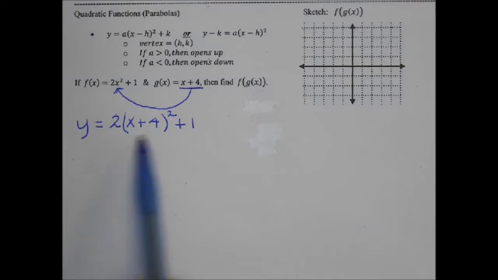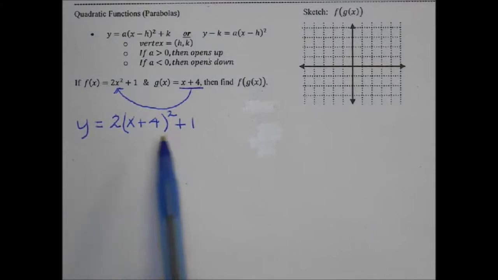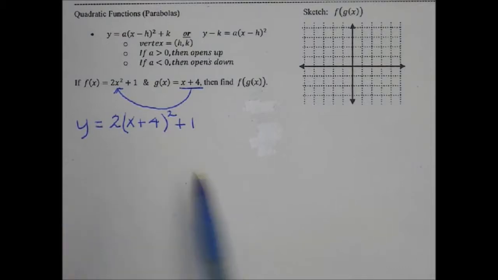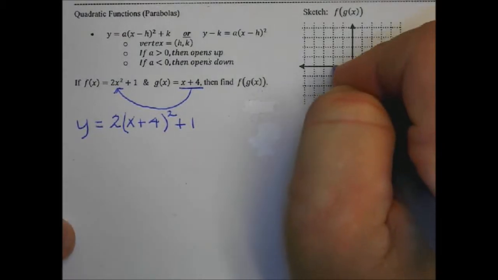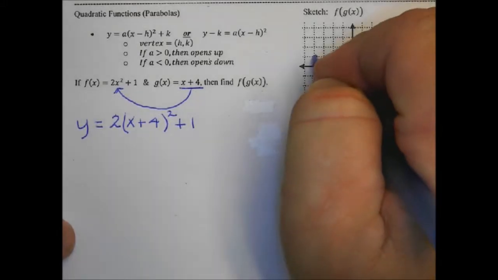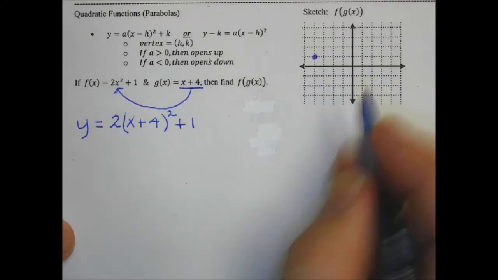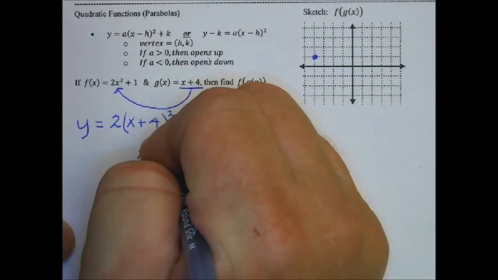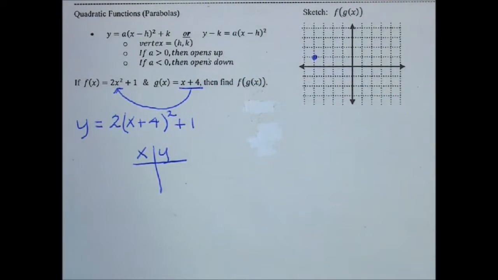So we know it's a parabola just by the characteristics of its equation. We also know the vertex is at -4, +1. So what we really need to do now is maybe just find another point.